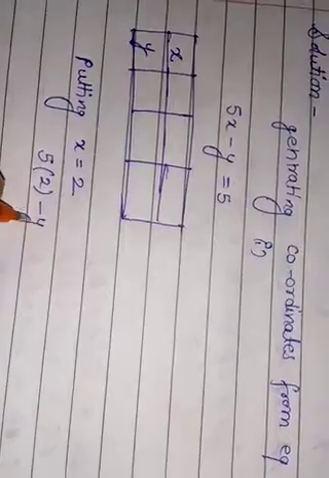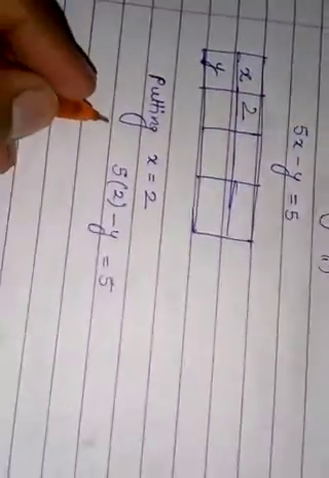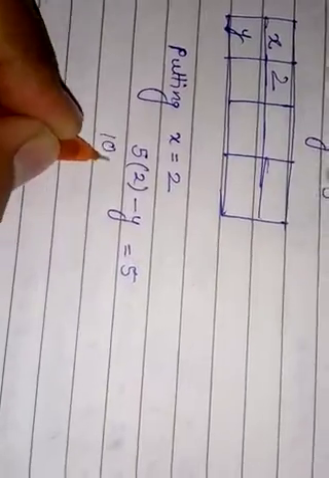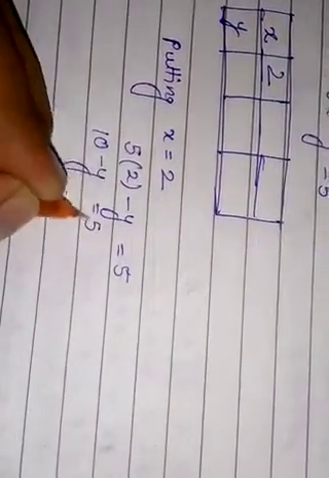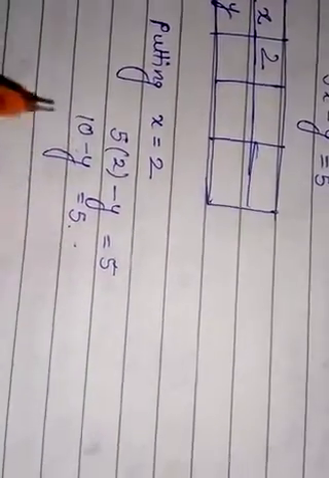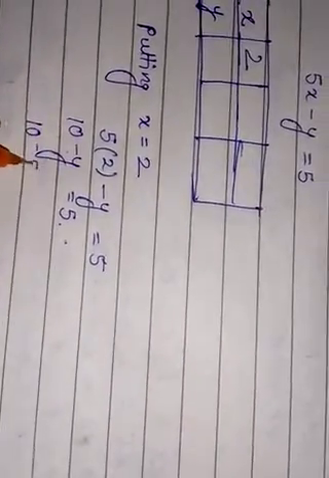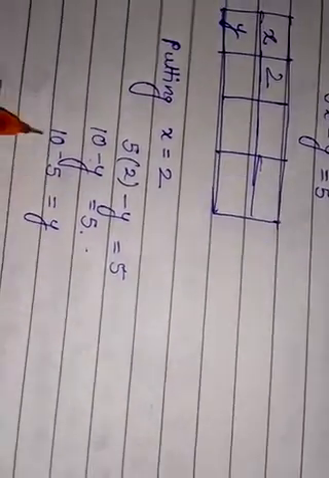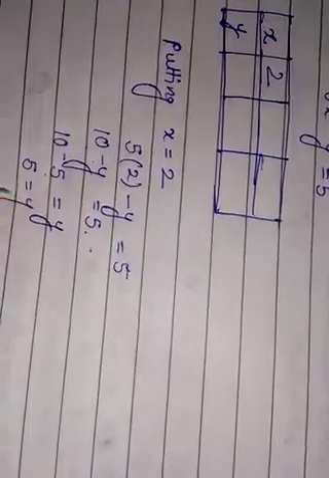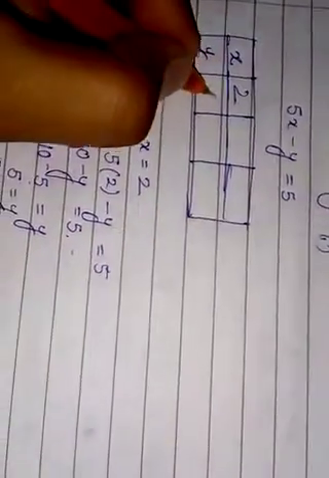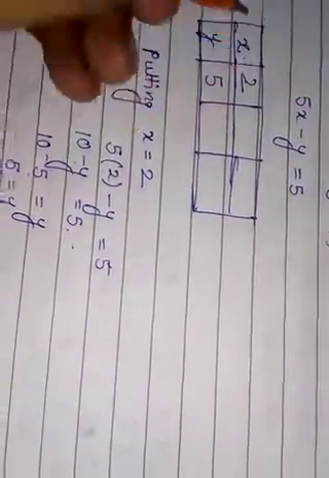So 5 multiplied by 2 minus y equal to 5. So now 5 times 2 is 10, minus y equal to 5, and this y will go this side and this 5 will go this side. So 10 minus 5 equal to y. 10 minus 5 will be 5, equal to y. So the value of y is 5 when the value of x is 2.